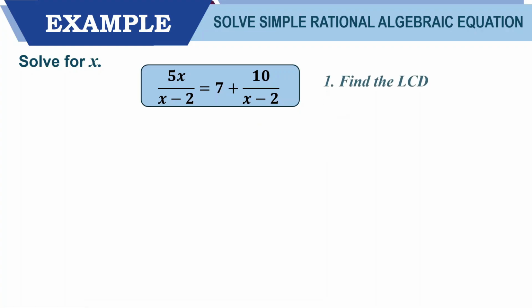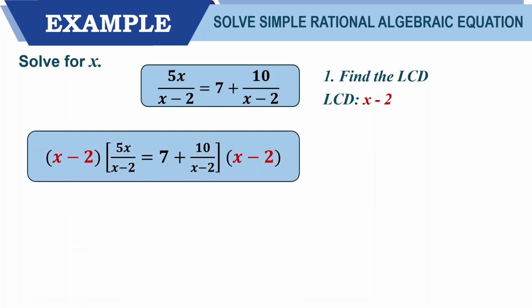Thus, the LCD is x minus 2, because x minus 2, 1, and x minus 2 will have x minus 2 times 1 as the list of unique factors, and multiplying will just give us x minus 2. Now, let's multiply by x minus 2. x minus 2 divided by x minus 2 is 1 times 5x is 5x.